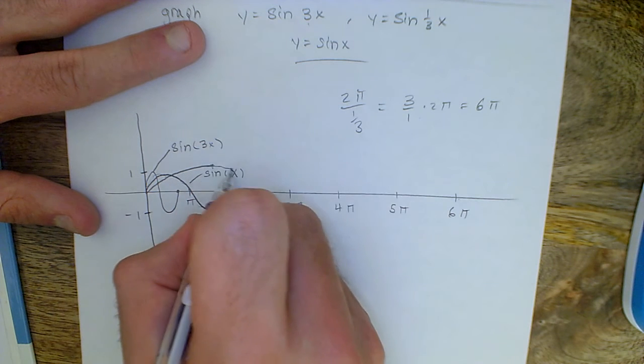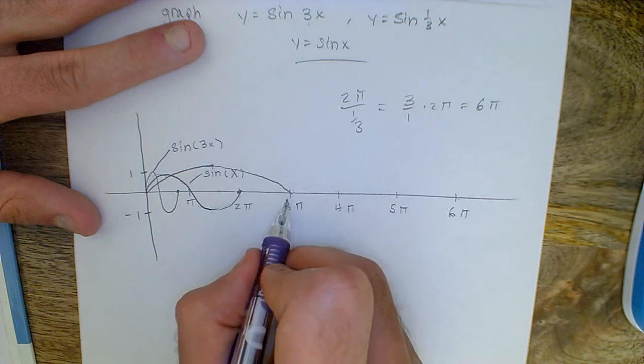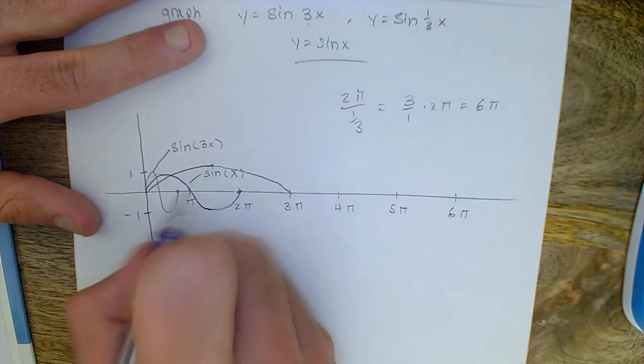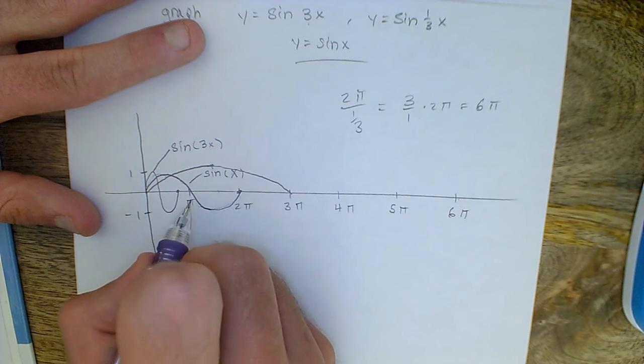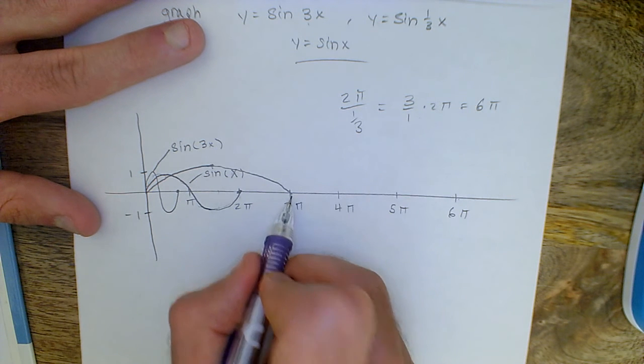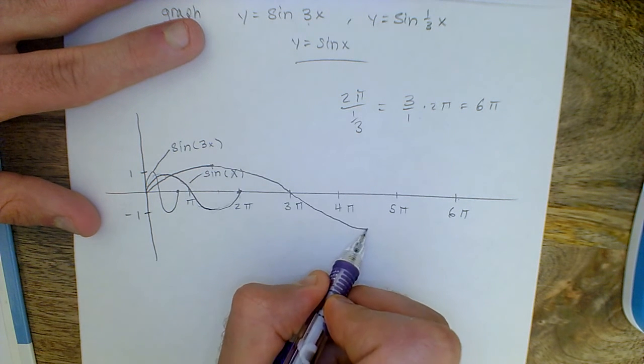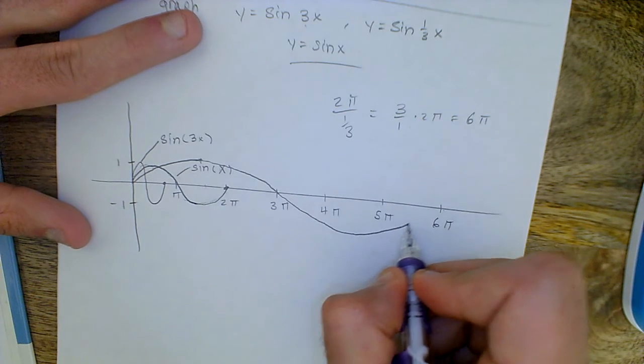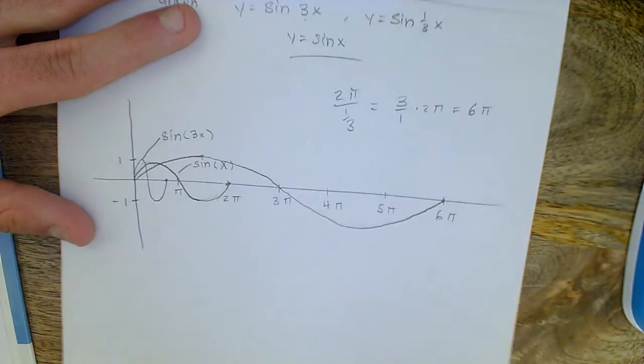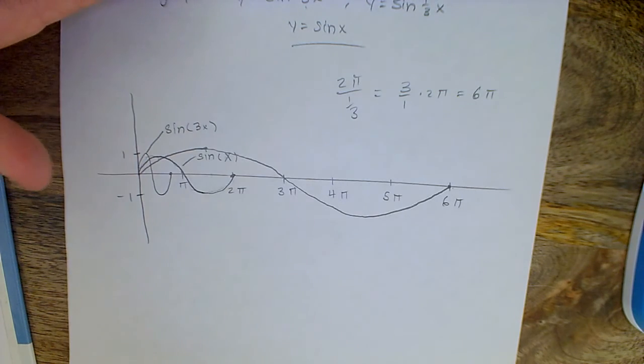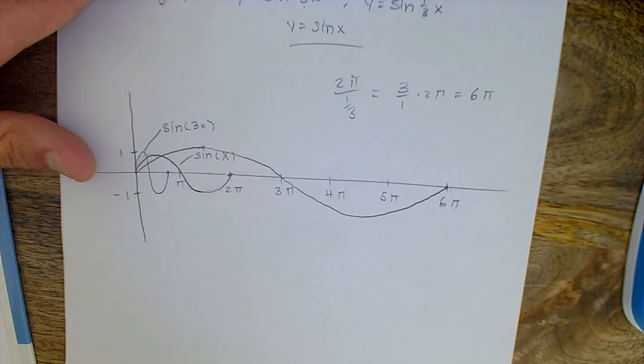So at 1 1/2 pi, it reaches 1. Then when it gets halfway, it reaches 0. Half of 6 pi is 3 pi, just like half of 2 pi is pi. Then at 4 1/2 pi, it goes to negative 1. And finally, it completes the cycle by going back to 0 at 6 pi.